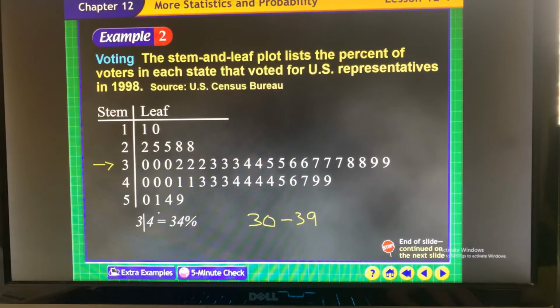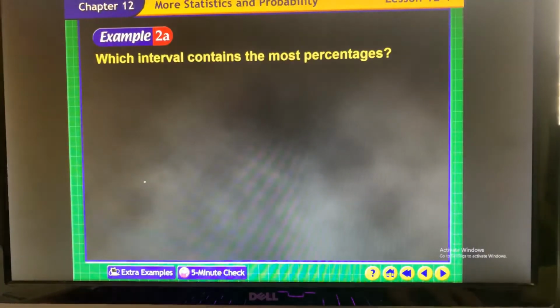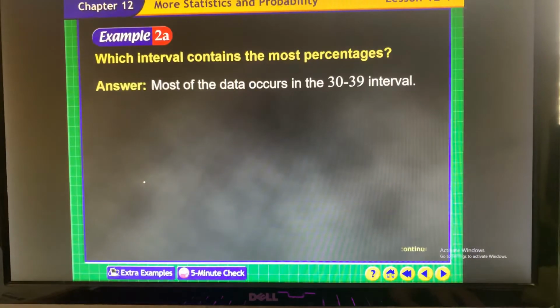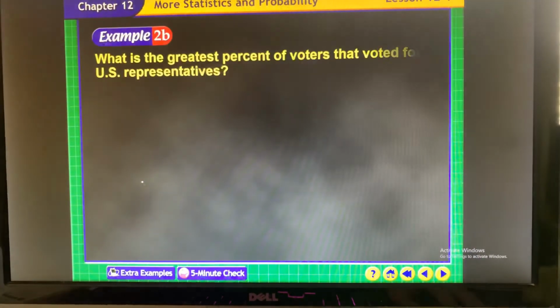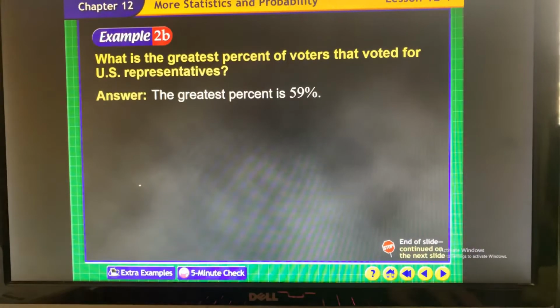If I said to you, what is the greatest percent voted? You would say 59%. If I said, what is the least? You would say 10%. Notice these aren't in order. This should be 0 and this should be 1. So 10% is the smallest. So that answered these questions. Which interval contains the most percentage? 30 to 39. Greatest was 59%.